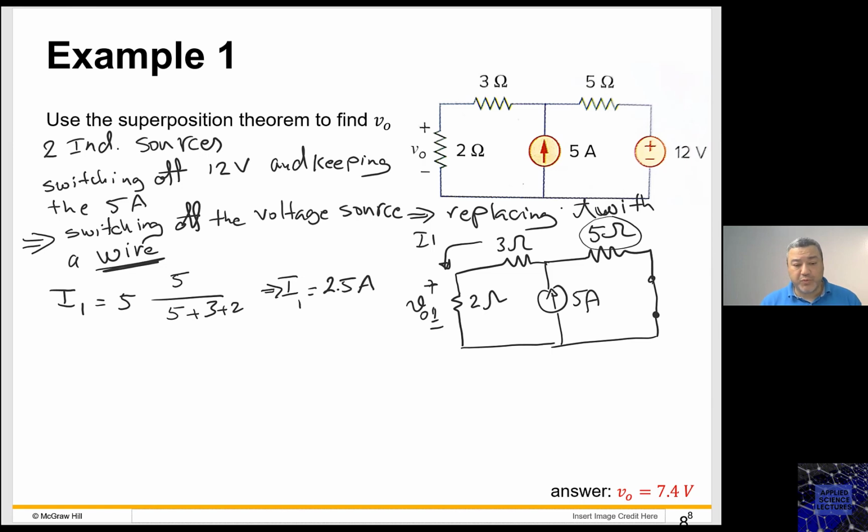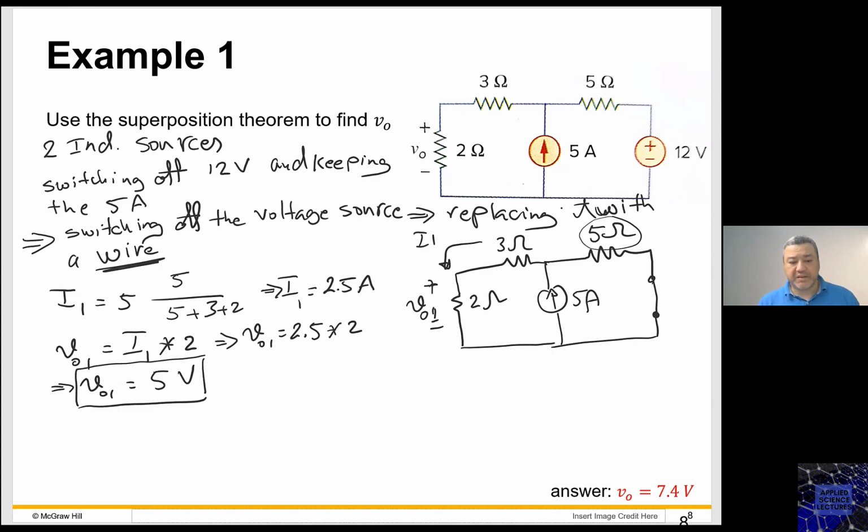If I1 is 2.5 ampere, then V naught 1 is I1 times 2, which is 2.5 times 2, is 5 volts.